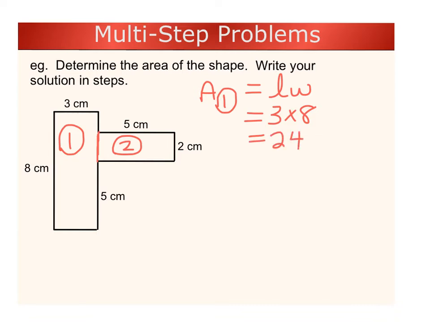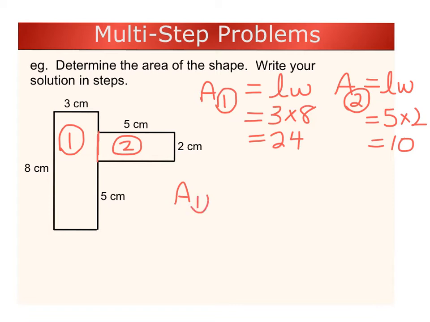And then I'll do the area of shape 2. Again, this one is also a rectangle, so I have length times width, and it's 5 times 2, and that's 10.